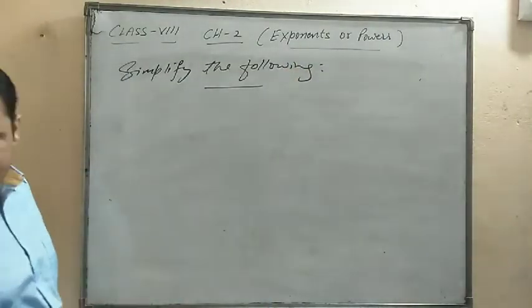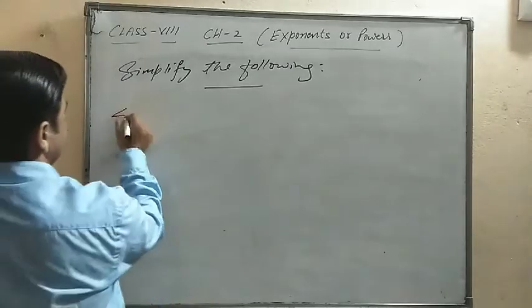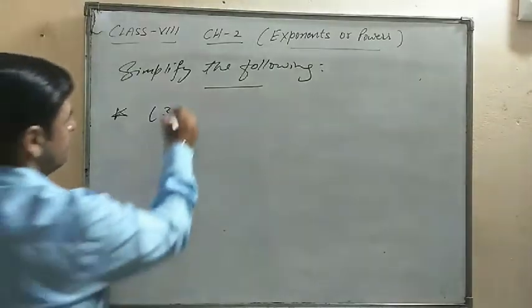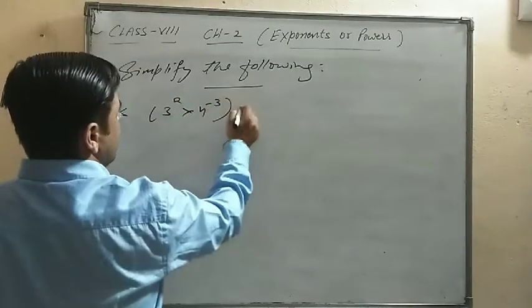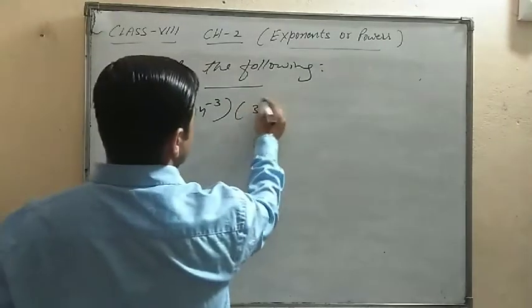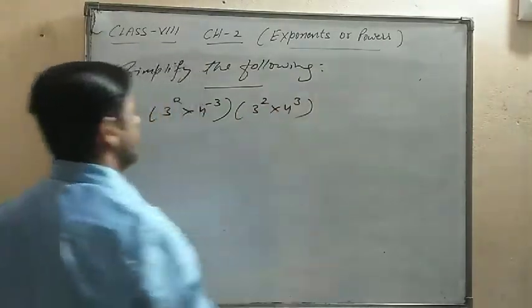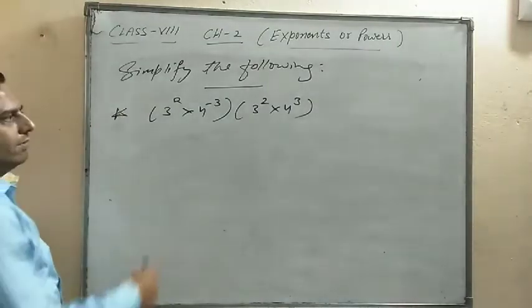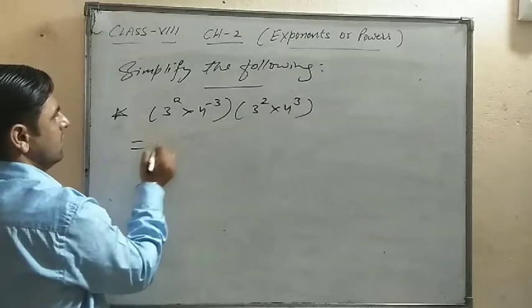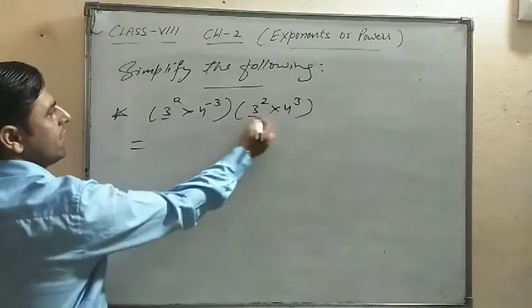Its first sum is 3 raised to power 2 into 4 raised to power minus 3, whole multiplied by 3 raised to power 2 into 4 raised to power 3. So you know very well we have to multiply both factors.